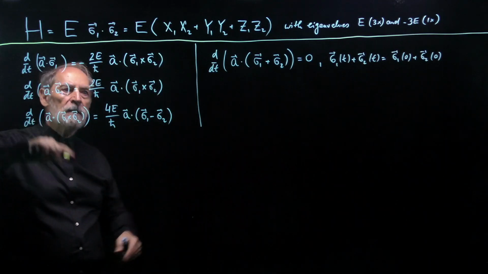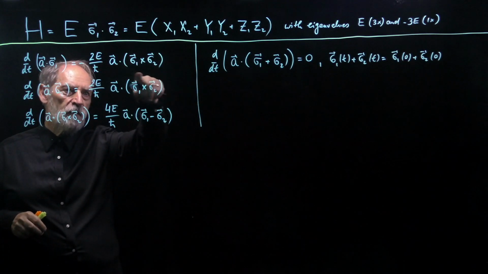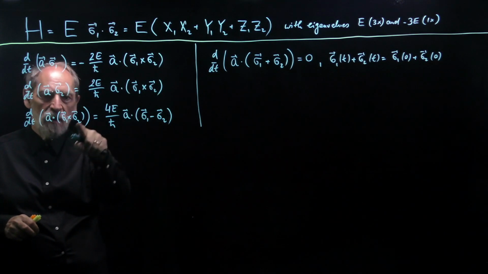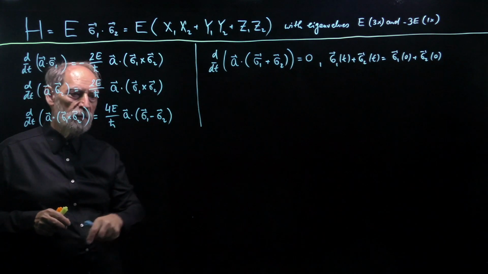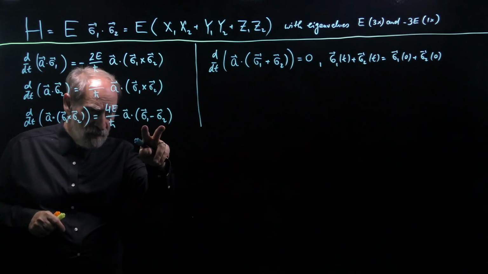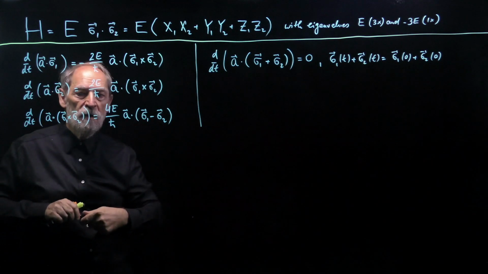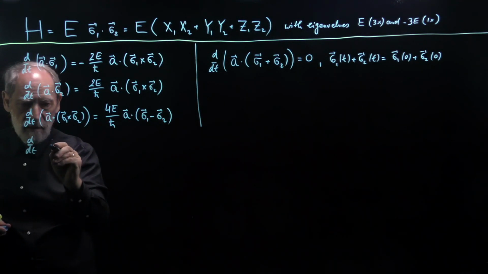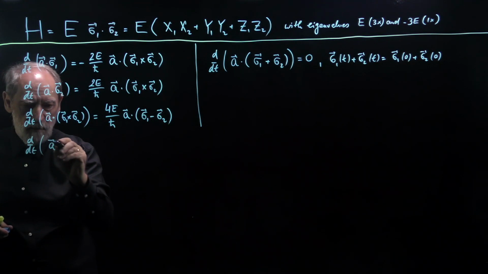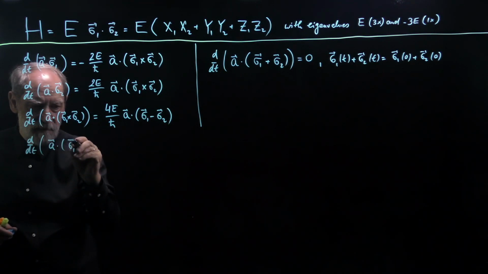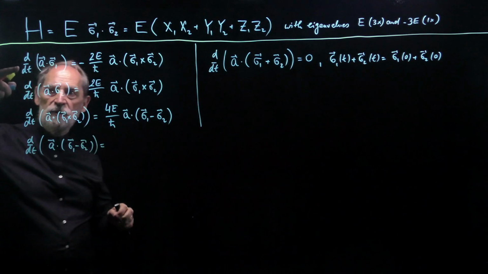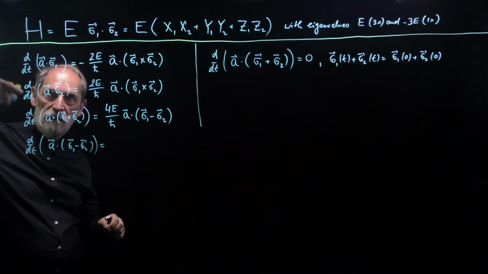Then on the right hand side we have components of sigma 1 cross sigma 2. So we also look at the time derivative of sigma 1 cross sigma 2, and that gives us the difference of sigma 1 and sigma 2. So we should supplement this by a statement about the time derivative of the difference of sigma 1 and sigma 2. Well, that's just the difference of these two left-hand sides.